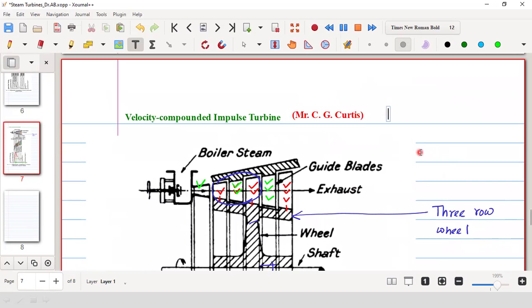So it's called the Curtis turbine. That means a velocity compounded impulse turbine.